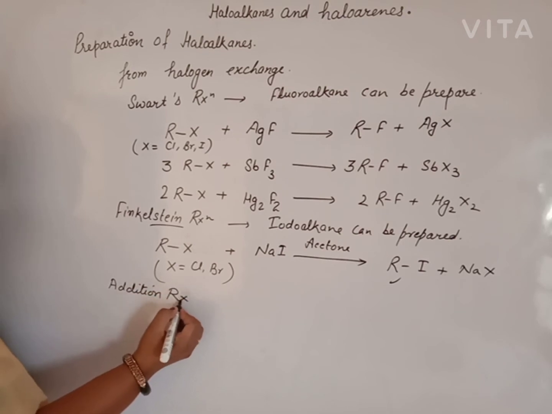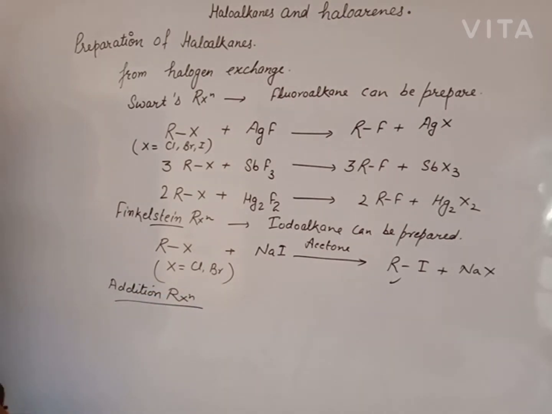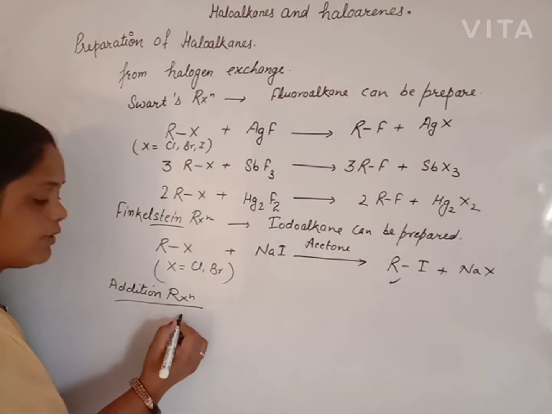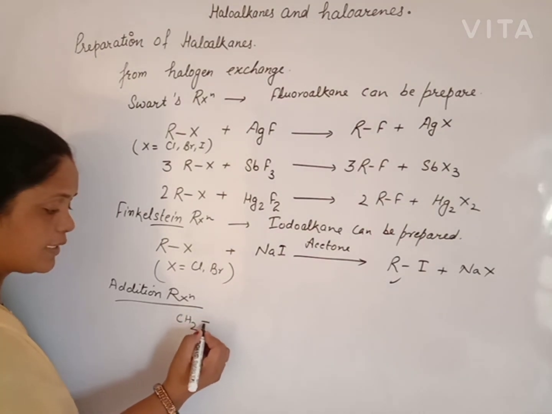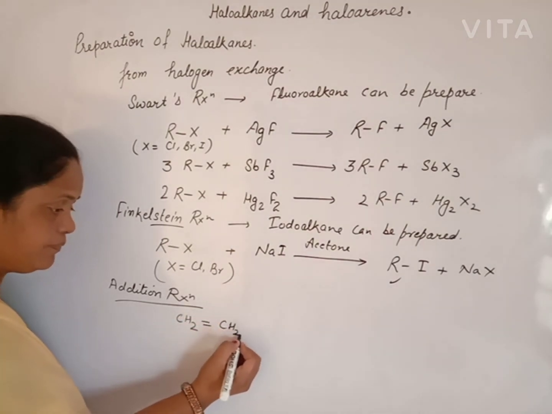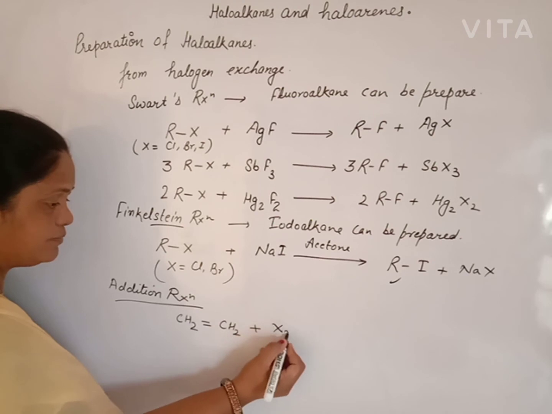Beta, addition reaction always takes place in the case of unsaturated hydrocarbon. These unsaturated hydrocarbons may be alkene or alkyne. Suppose you have alkene. Simplest alkene is this one. You will add halogen.